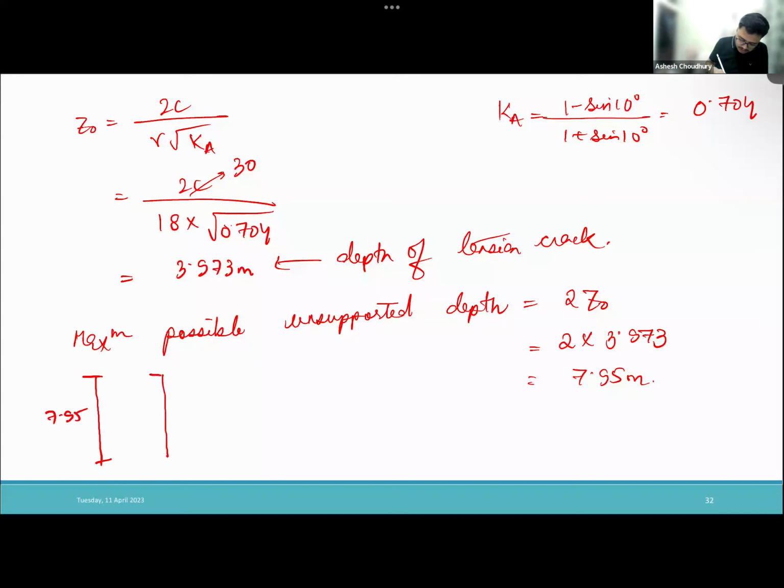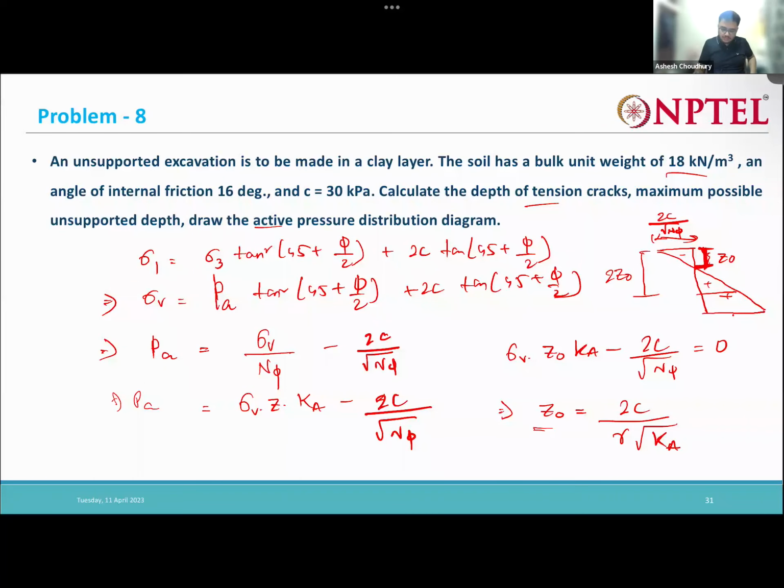So my active earth pressure distribution will be like this. This is minus C. Right. This is plus C.